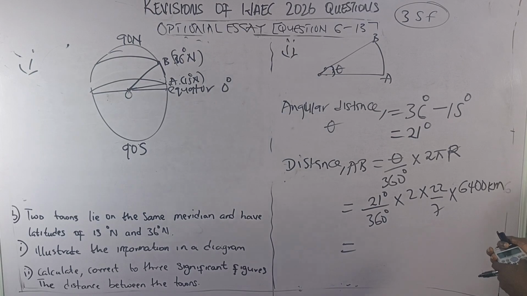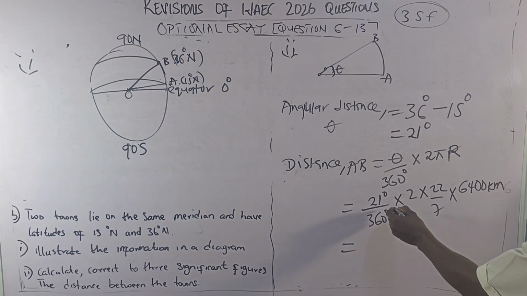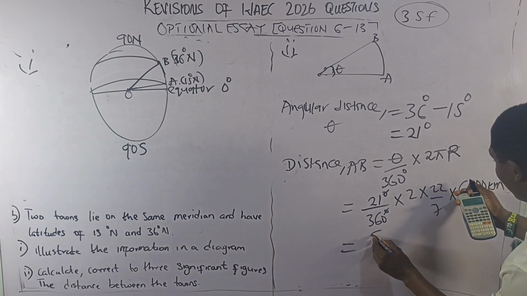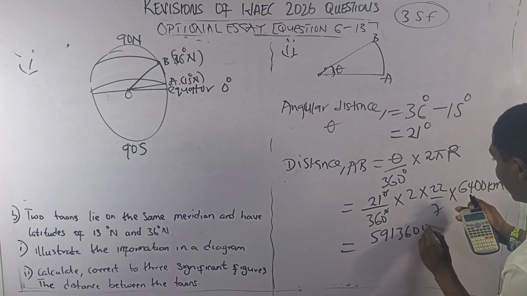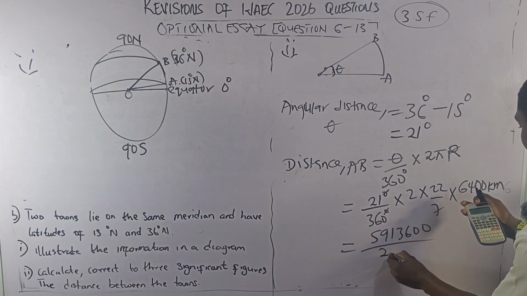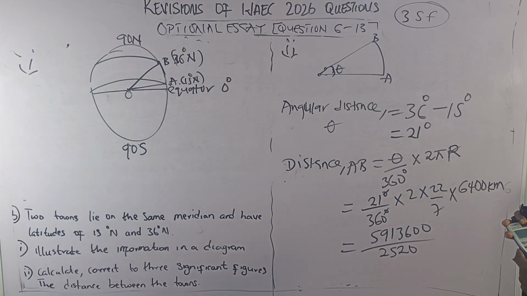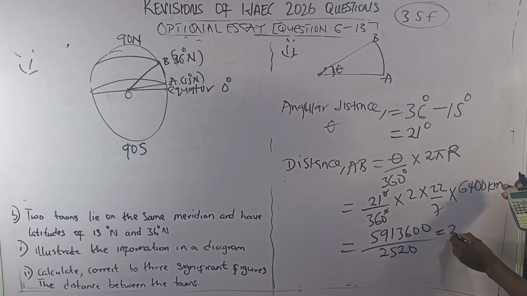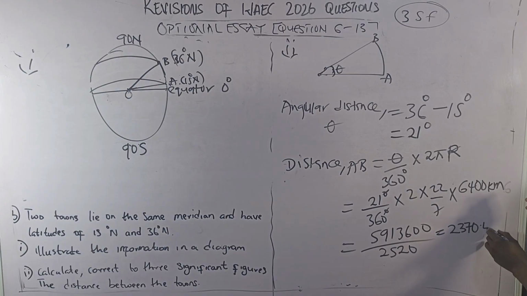So we multiply all the top to have 21. Remember, degrees will cancel degrees. 21 times 2 times 22 times 6,400. That gives me 5,913,600 all over 360 times 7 to give me 2,520. So we have 5,913,600 divided by my answer here, and I'll have 2370.476 kilometers.